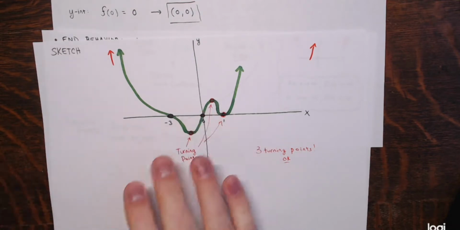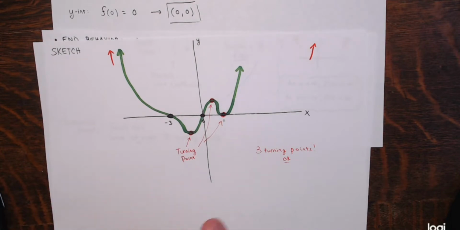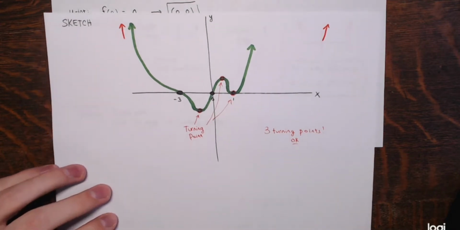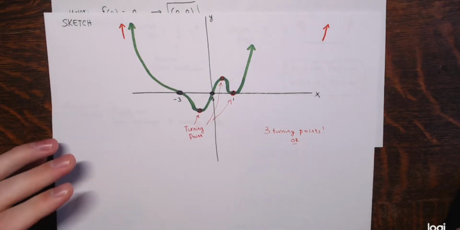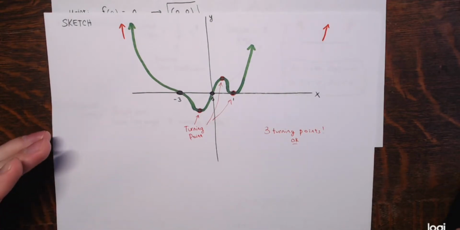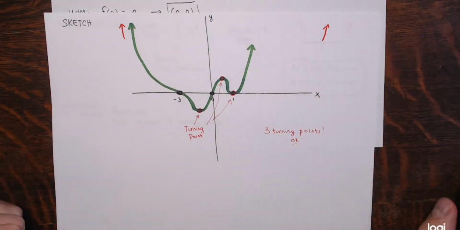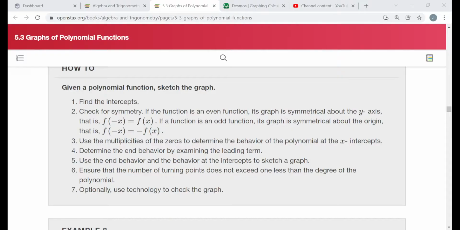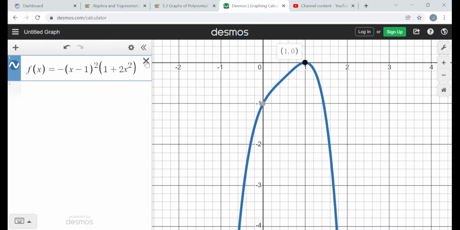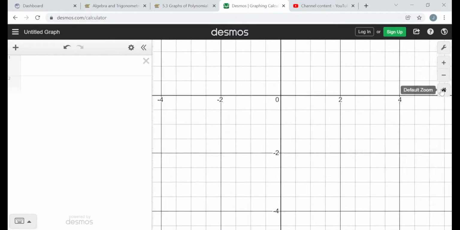Now, that last step was optional, right? Go to a calculator, go to technology, and let's see how our graph compares to a better looking computer generated graph, right? So back to that Desmos website, Desmos.com. Oh, sorry, that's from a previous video.